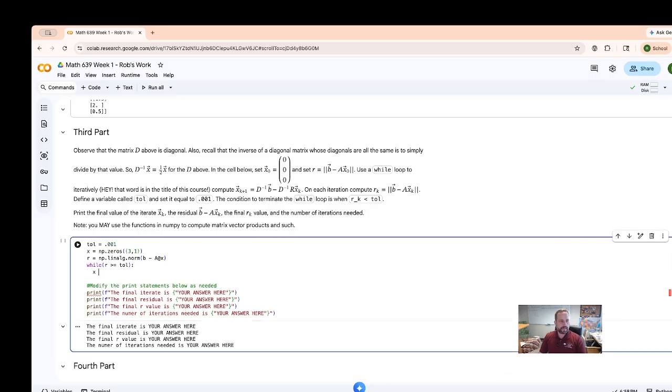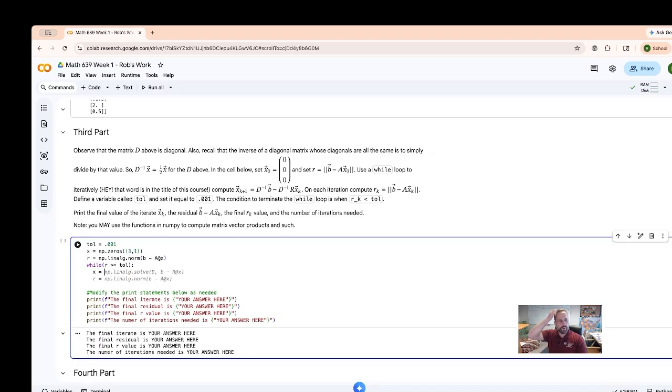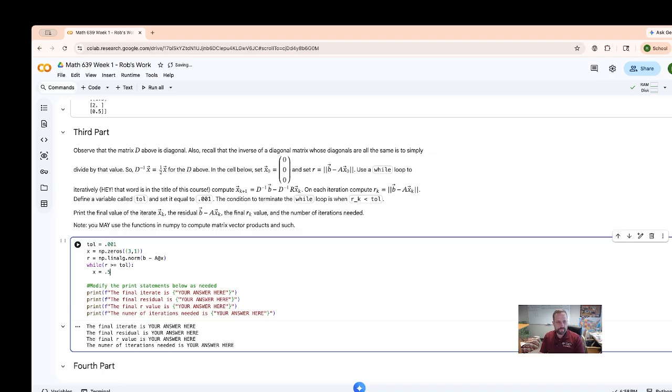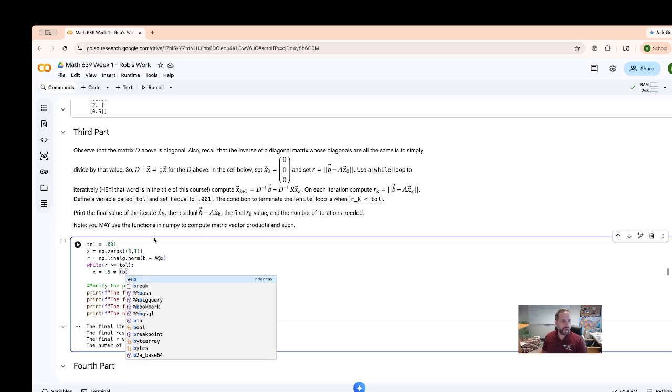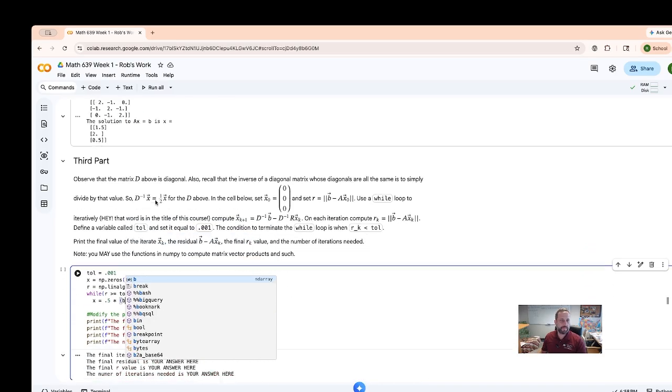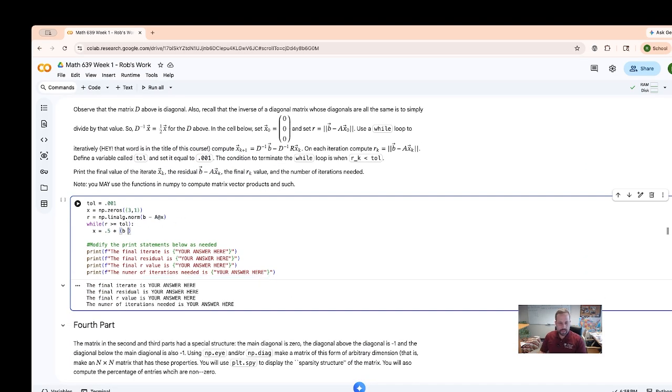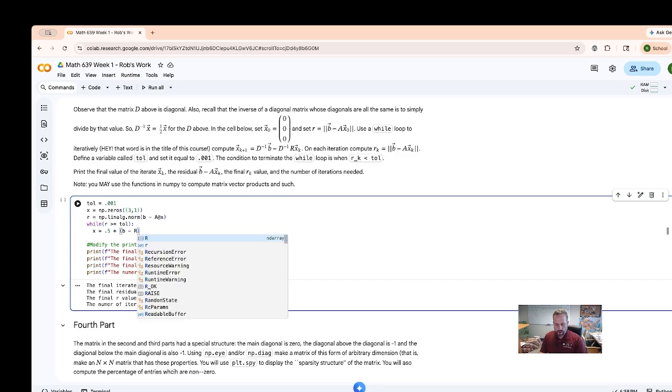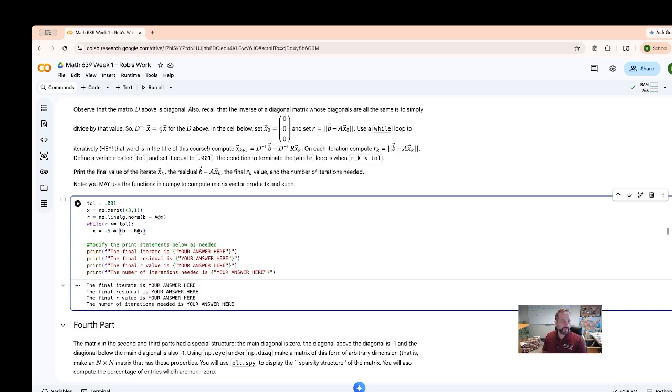Okay, x is going to be equal to, and we're going to use this formula right here, D inverse b minus D inverse r times x. Now, D inverse is just 1/2, so it's going to be 0.5 times b, which is the same b vector from up here, minus r times x, just like that.